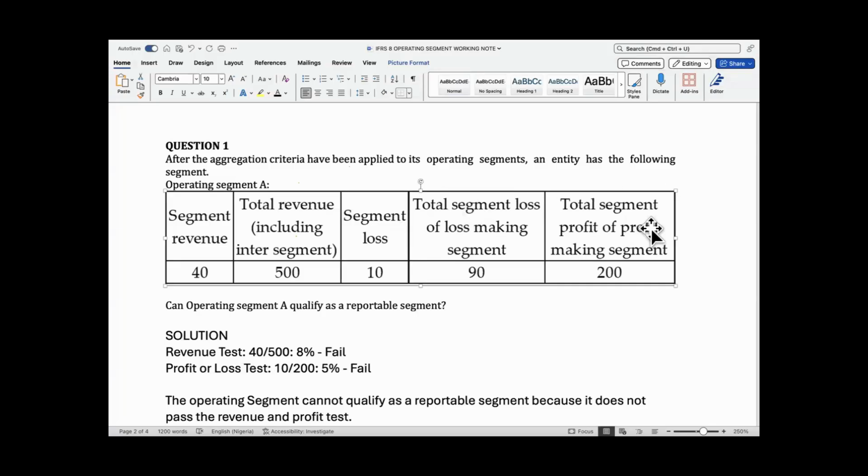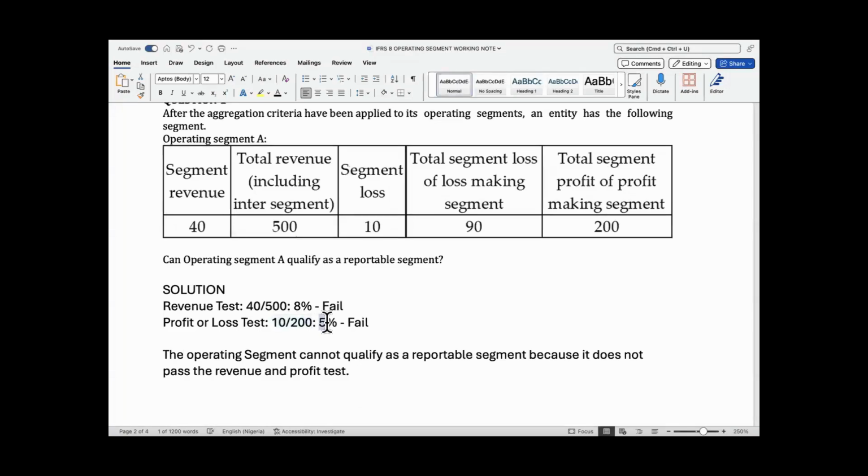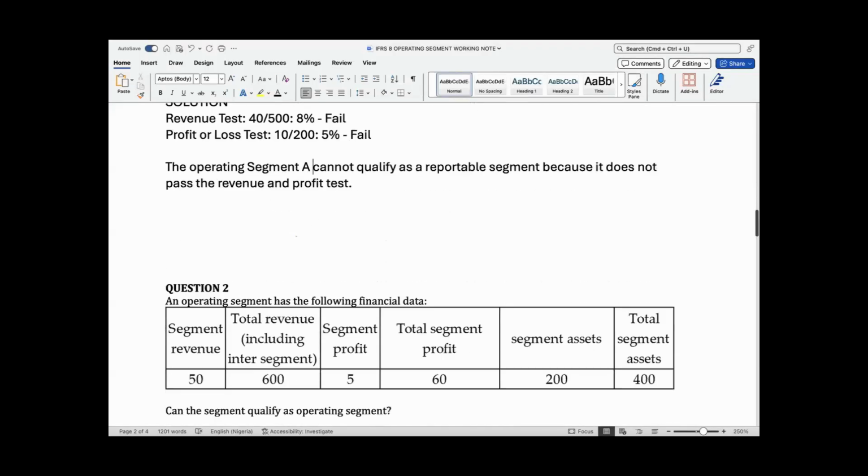What's the total segment profit? Which one is higher? In this case, it's the total segment profit that is higher, 200. Even though the segment itself made a loss, we still did 10 over 200 for the profit test, and it failed because it is less than 10%. So this operating segment A cannot qualify as a reportable segment because it does not pass the revenue and profit tests.